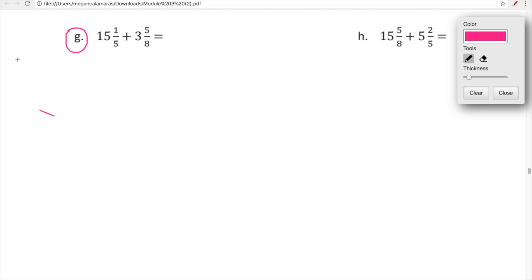Let's rewrite the problem so that we have some room to work out our common denominators. So we have 15 and 1/5 plus 3 and 5/8.